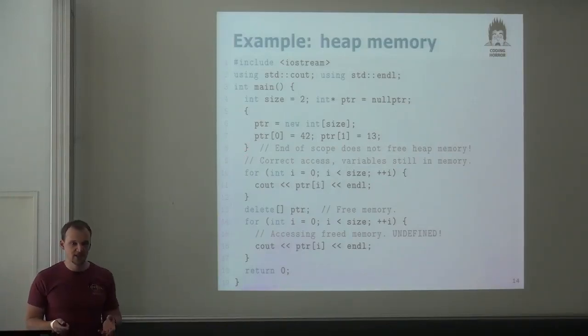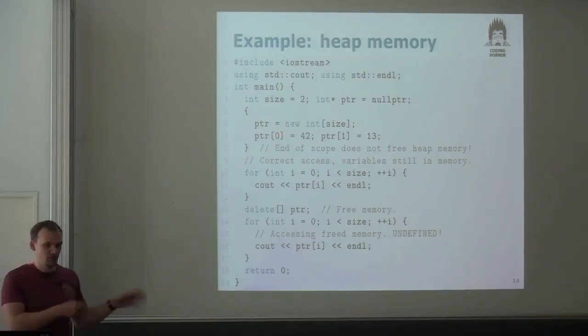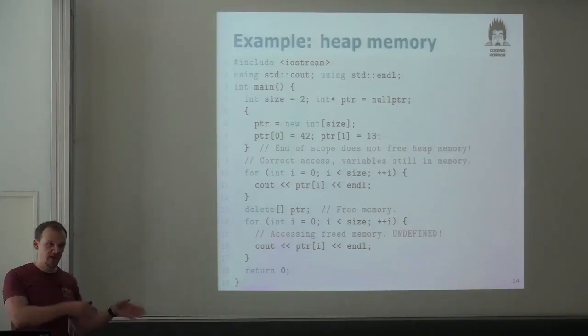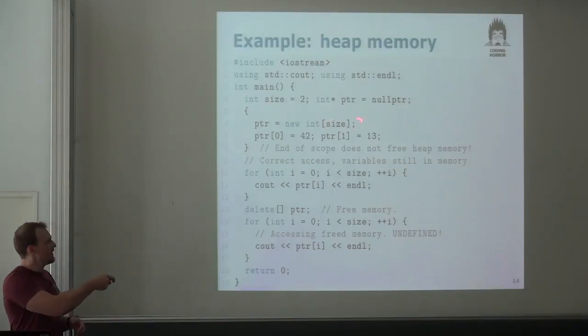The idea is that we can still use this pointer. So before, in the stack example, we couldn't use this pointer to access values because it was freed, because that array was not in dynamic memory, and it was freed for us, right? Because we went out of scope. Now we have allocated it manually, and when we get out of scope, nothing is freed.